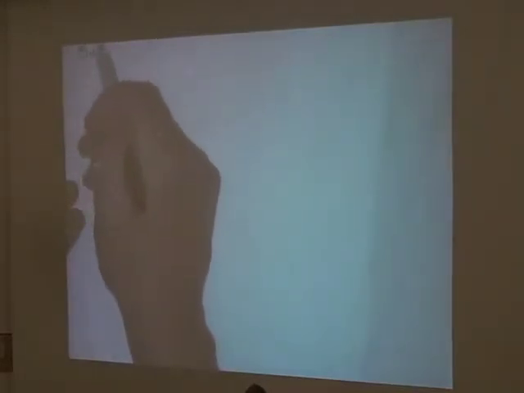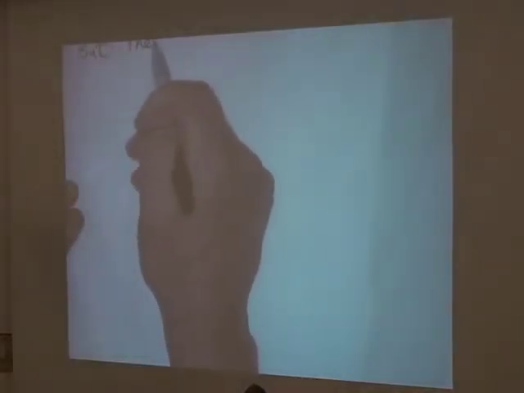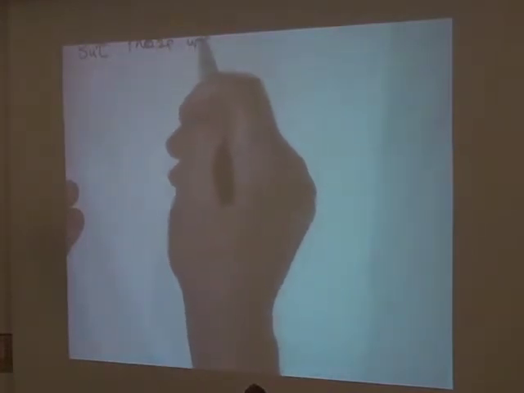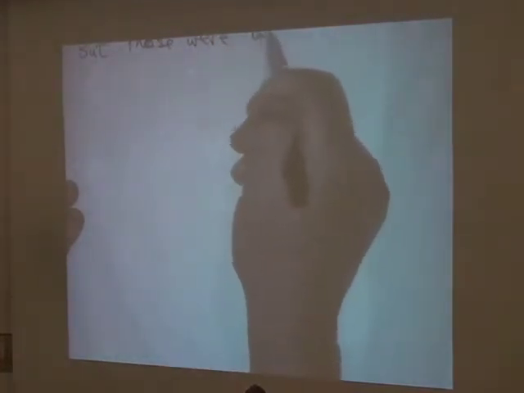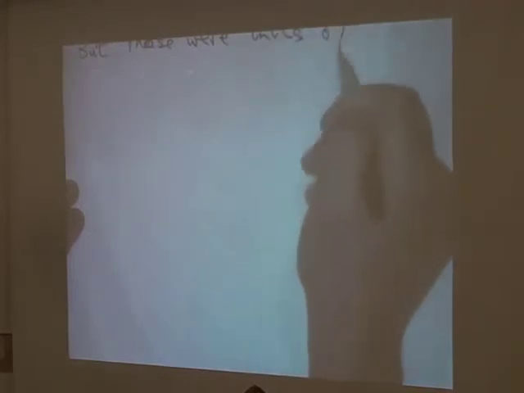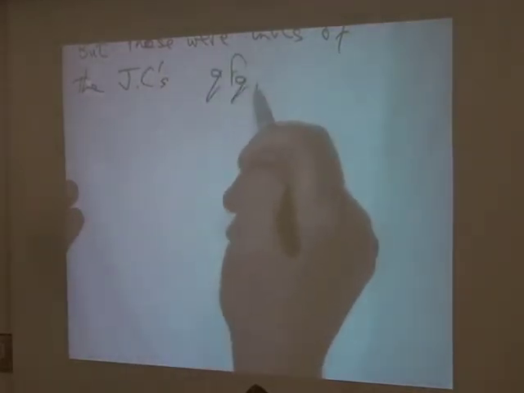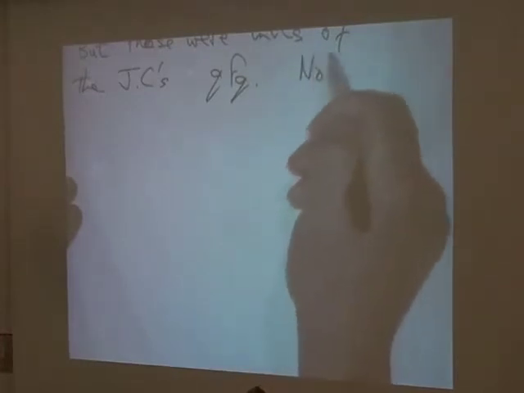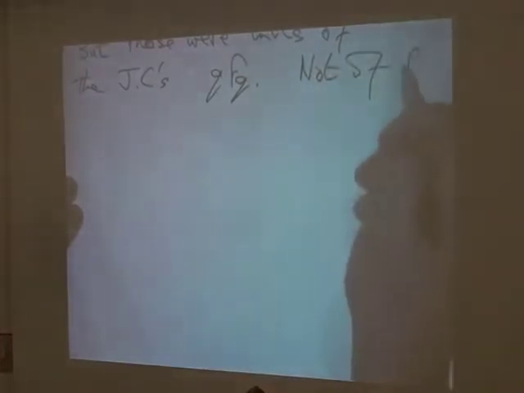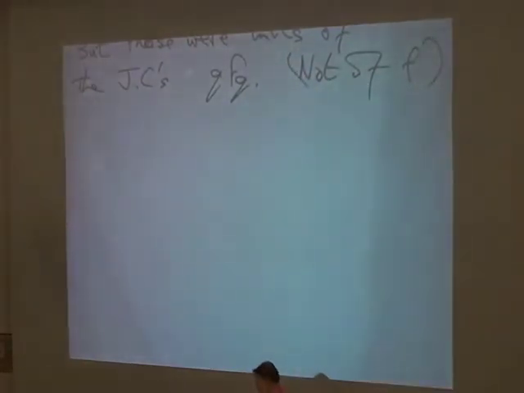But then what I didn't say is, those were invariants of the Jordan constituents, which are qfq, not of F. Well, I mean, the whole aim is to find invariants of F. And so, why on earth did I write all those?